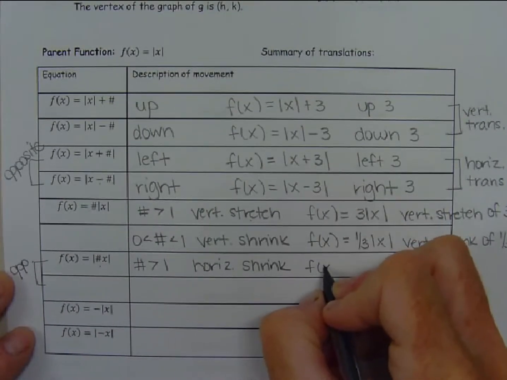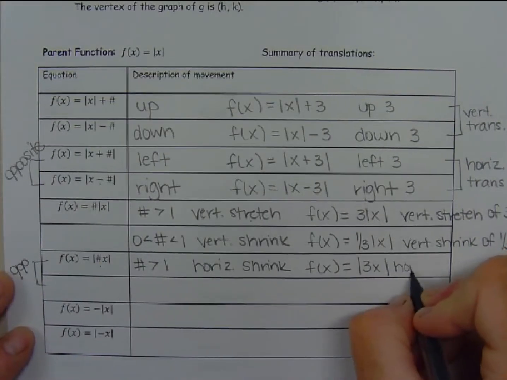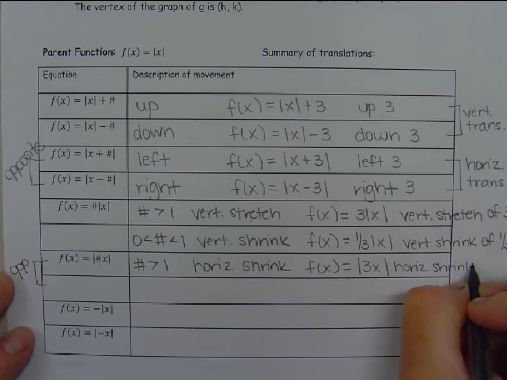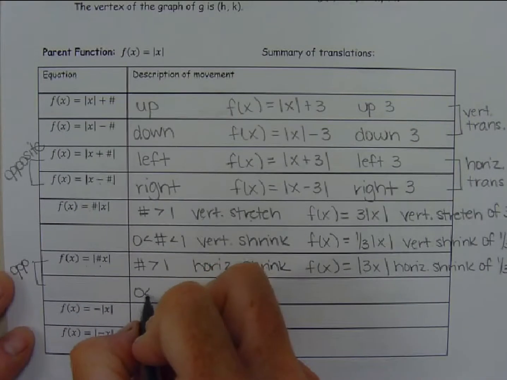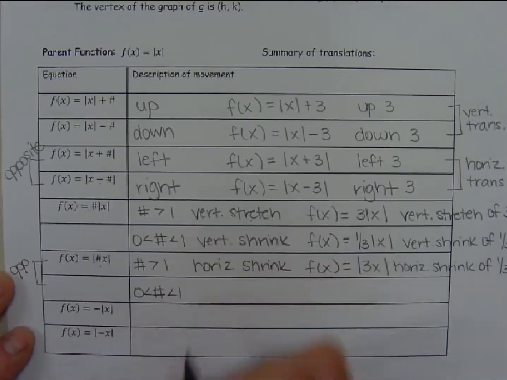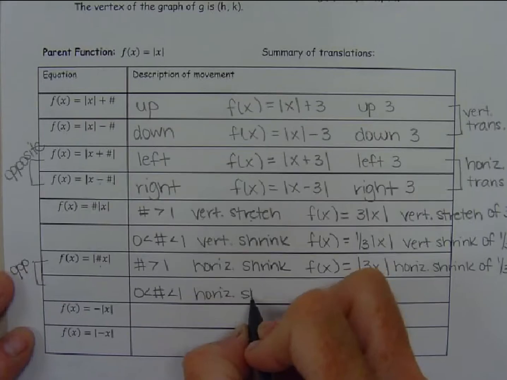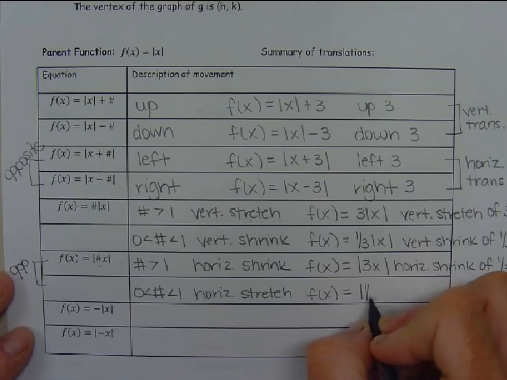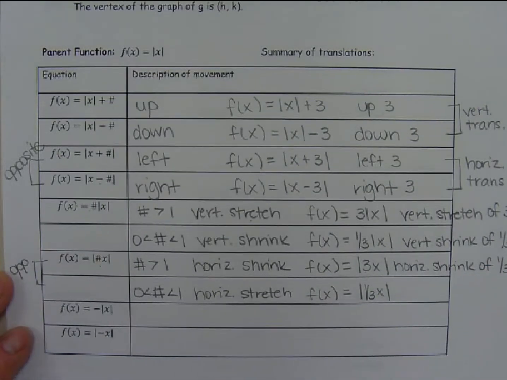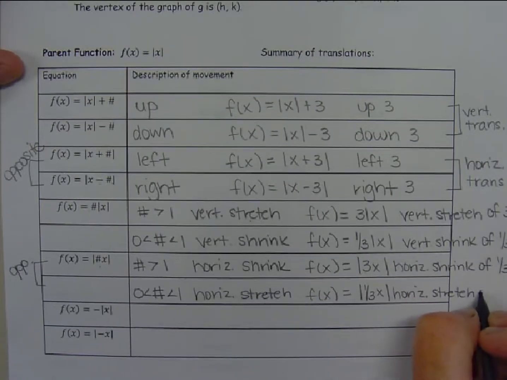So for example, if I put the 3 inside the absolute value, that would actually be a horizontal shrink. But instead of 3, you flip that and get 1/3. If the number is between 0 and 1, it is the opposite, so it's actually a horizontal stretch. An example of that would be if I had a 1/3 inside, that would actually be a horizontal stretch of 3.